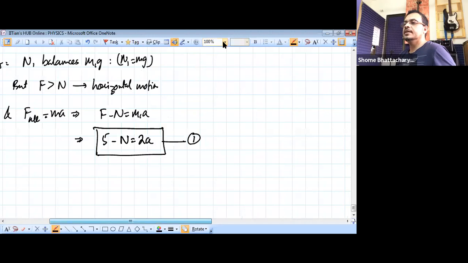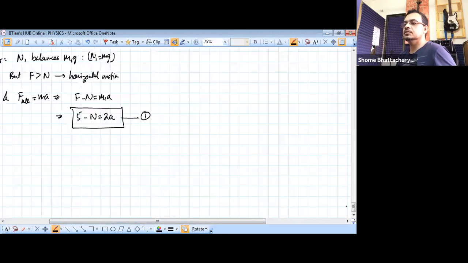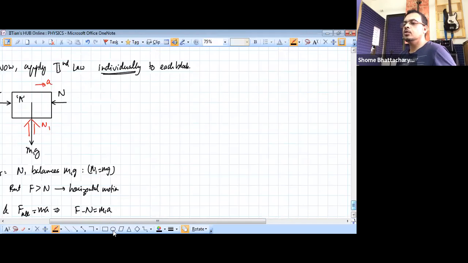Now likewise, I will also apply Newton's second law to the block B. And let's see what that will give us. So what is happening on block B? Actually life is a bit simpler. There's only one horizontal force acting on B. On the block B, we have only one horizontal force, and that is this normal reaction, the action-reaction pair, and that is what is giving it the acceleration a, because the vertical forces are again balancing.